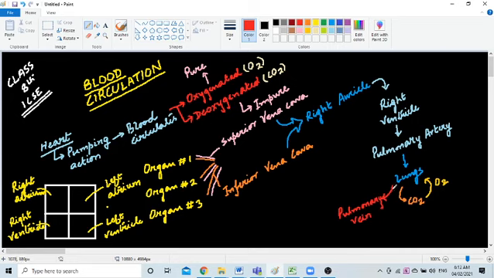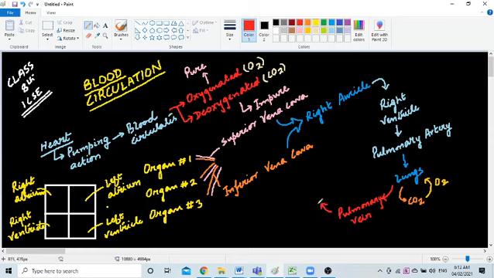Alright, so just remember this point: pulmonary artery carries impure blood and pulmonary vein carries pure blood. Right, now from here it enters the left auricle.